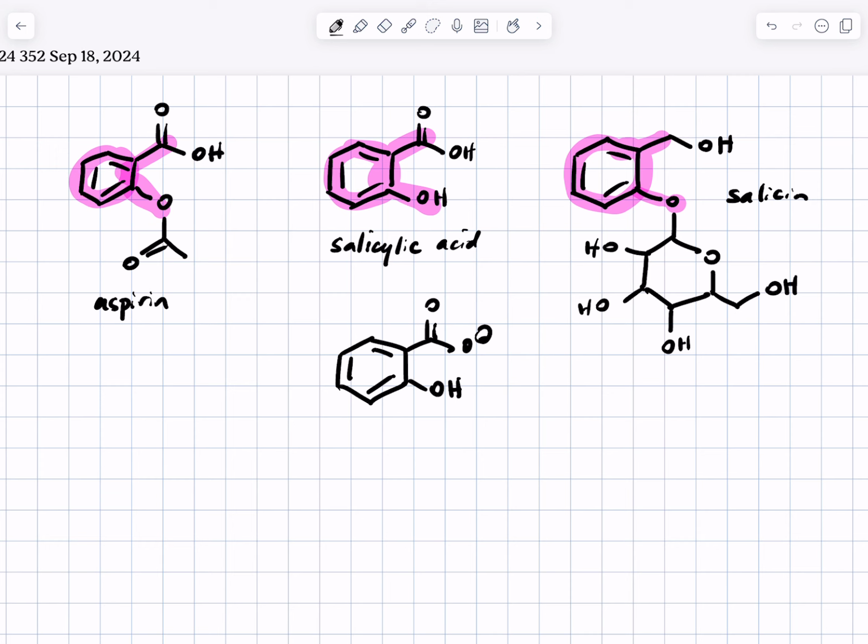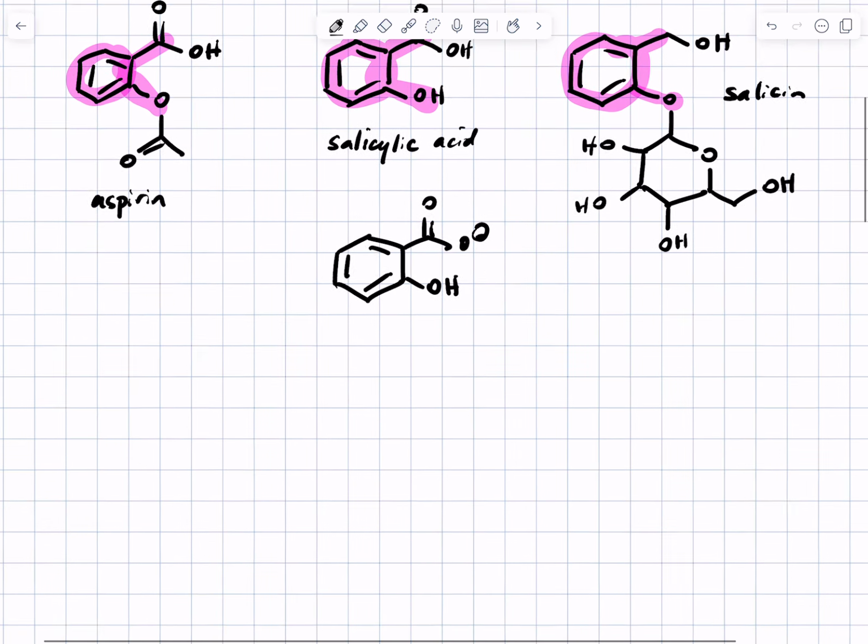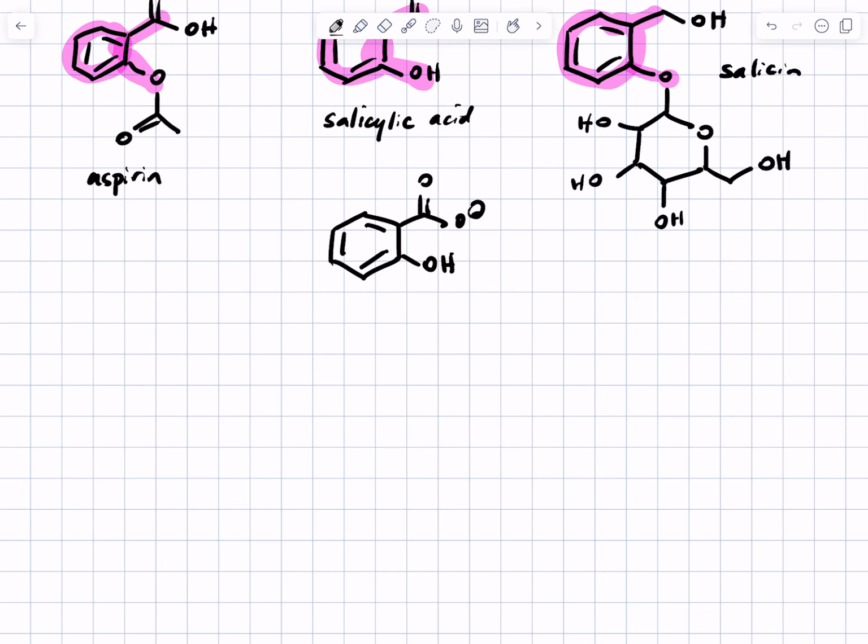There also are some other acids that are important while we're on the subject of pain. There are a few derivatives of a very long chain acid called arachidonic acid, which I'll draw for you here.